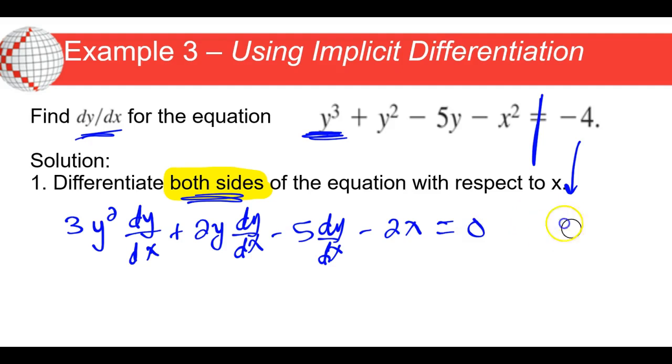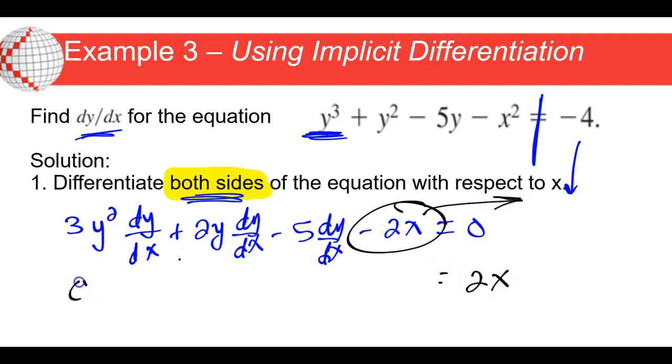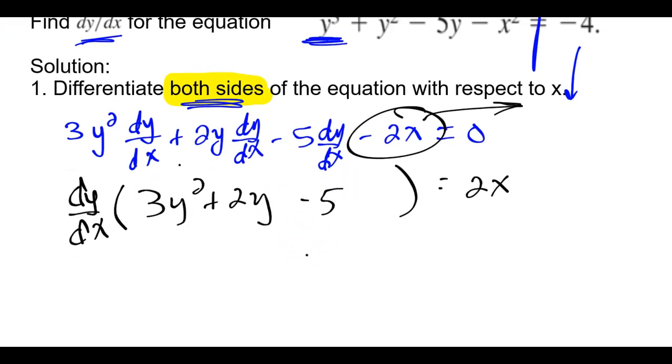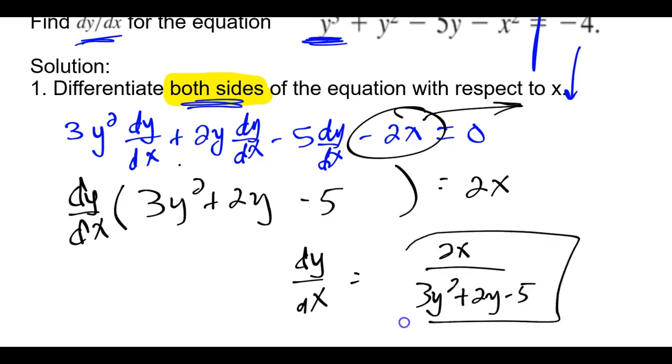So the goal is to solve for dy/dx. I'm going to isolate dy/dx. I'm going to throw this guy on this side and set it equal to 2x, and factor out a dy/dx and be left with 3y squared plus 2y minus 5, and all I have to do to solve for dy/dx is to divide. So 2x divided by 3y squared plus 2y minus 5 is the derivative.